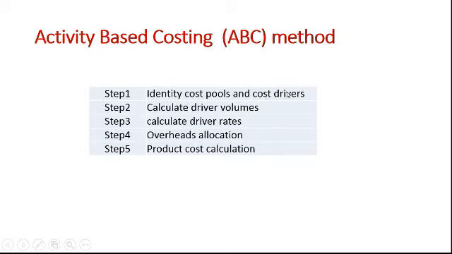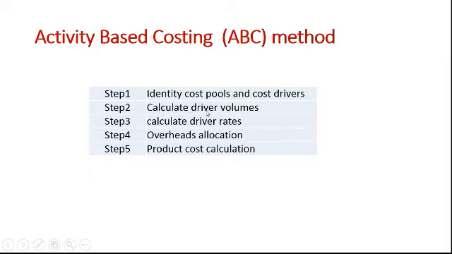And cost drivers. A cost driver is just the activity which is driving those costs. So what sort of activity increases these costs, and if you decrease that activity, that category of cost will also decrease. So linking that category of cost with the activity which is driving it, that is what we need to identify from the given question.